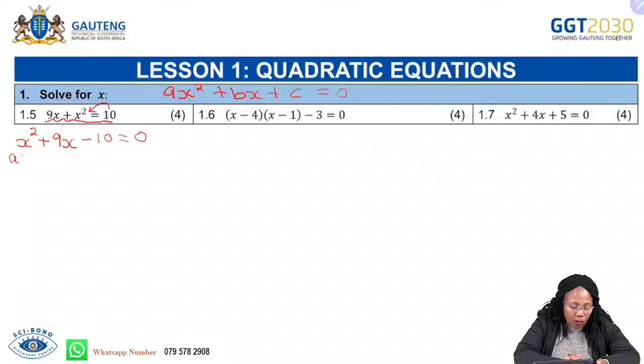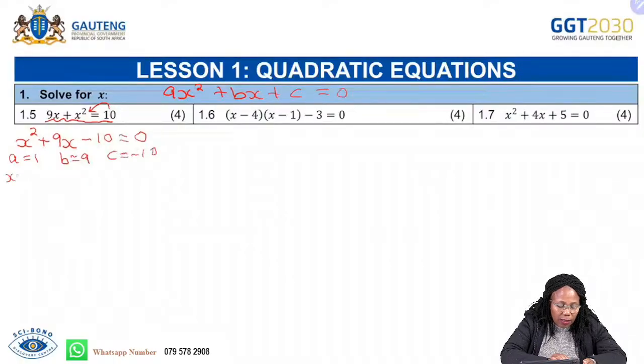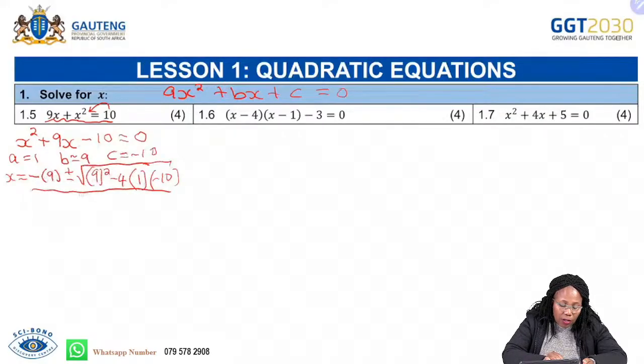A is equal to 1, and the B is equal to 9, and the C is equal to minus 10. Then this will be x equal to minus B, B is 9. It's a negative from the formula, plus minus the square root, B is 9 squared minus 4, A 1, and then C is minus 10, all over 2 into 1.